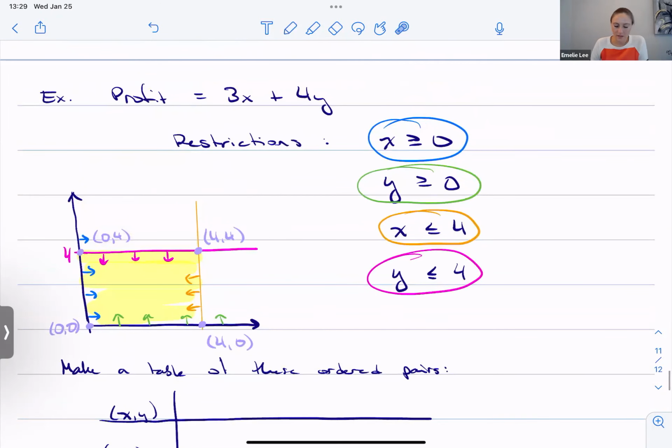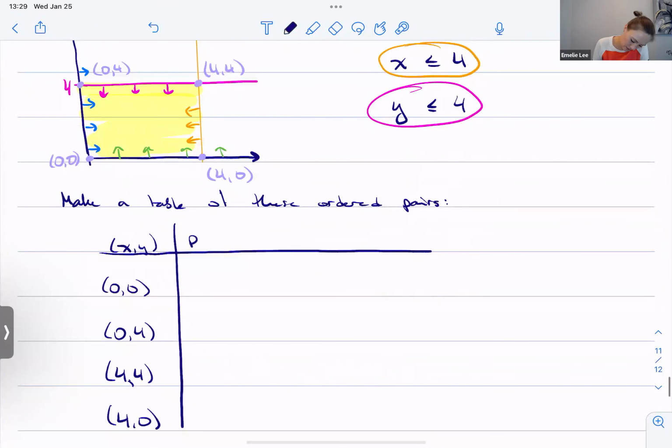And that's when we go back to this profit function, 3x plus 4y. Notice that we haven't talked about 3x plus 4y until now.